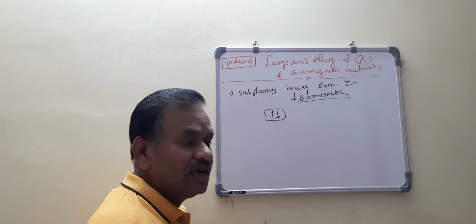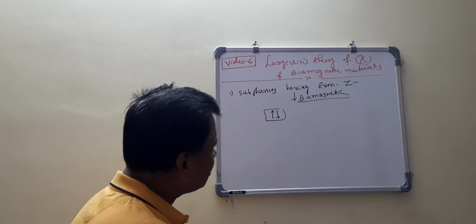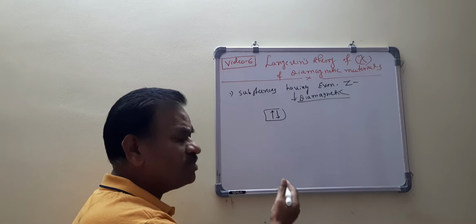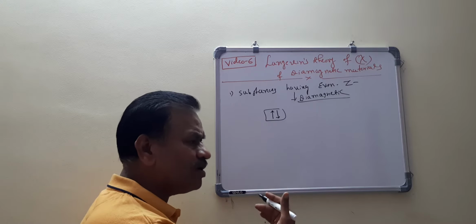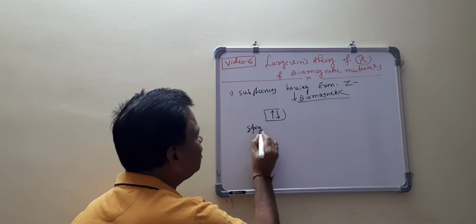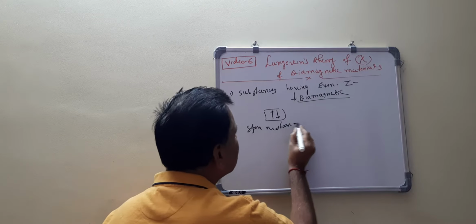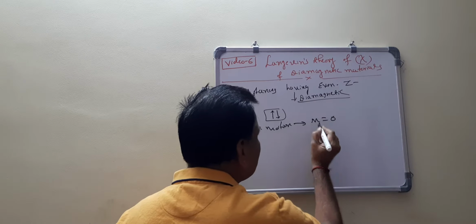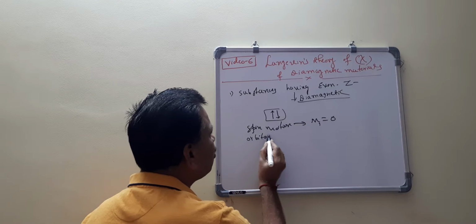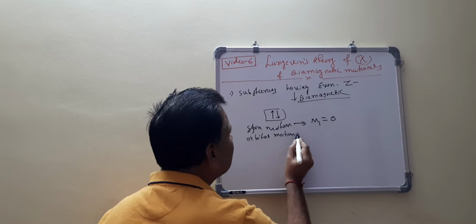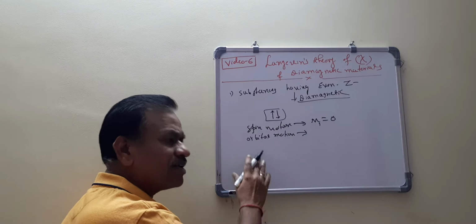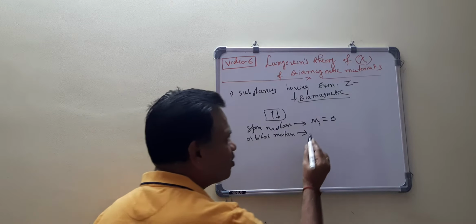Now you ask a question, sir, a magnetic field is produced by two motions. One is orbital motion and another one is spin motion. For spin motion, m1 equal to 0. What about orbital motion? In orbital motion also, one is in the clockwise direction and another one is in the anti-clockwise direction.